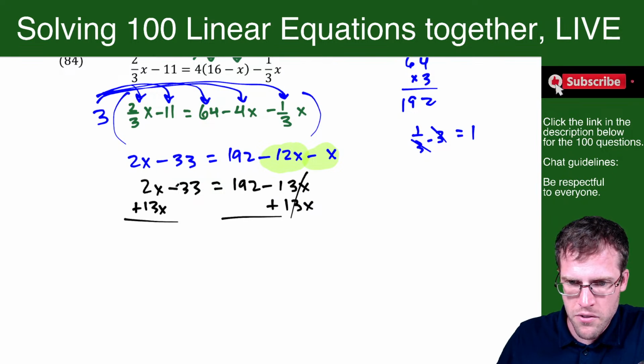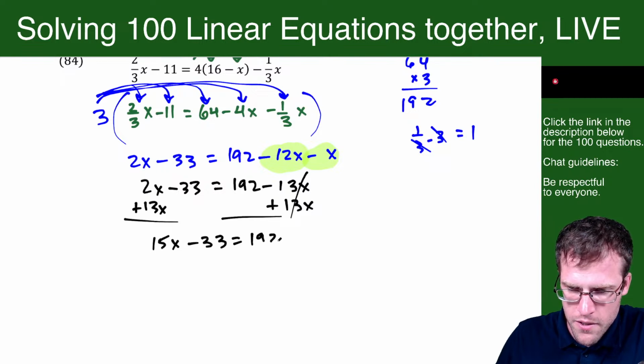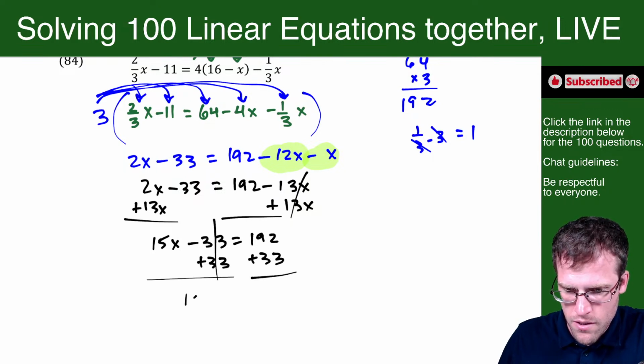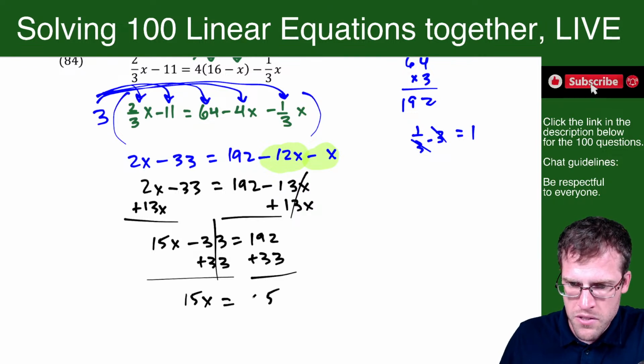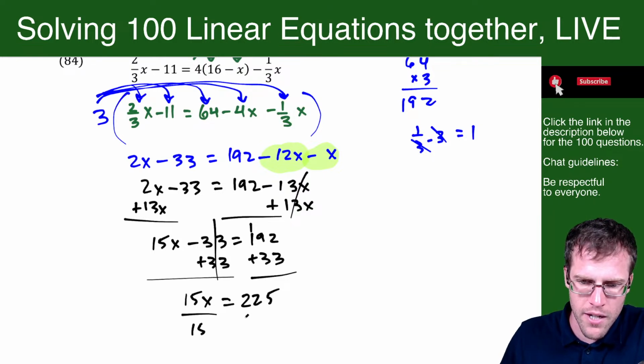Minus 13x plus 13x cancels. 2x plus 13x is 15x. Minus 33 equals 192. Now we do plus 33 on both sides. This is gone. And now 15x equals 2 plus 3 is 5. 9 plus 3 is 12. And we carry the 1. 1 plus 1 is 2. And now to solve for x, divide both sides by 15.